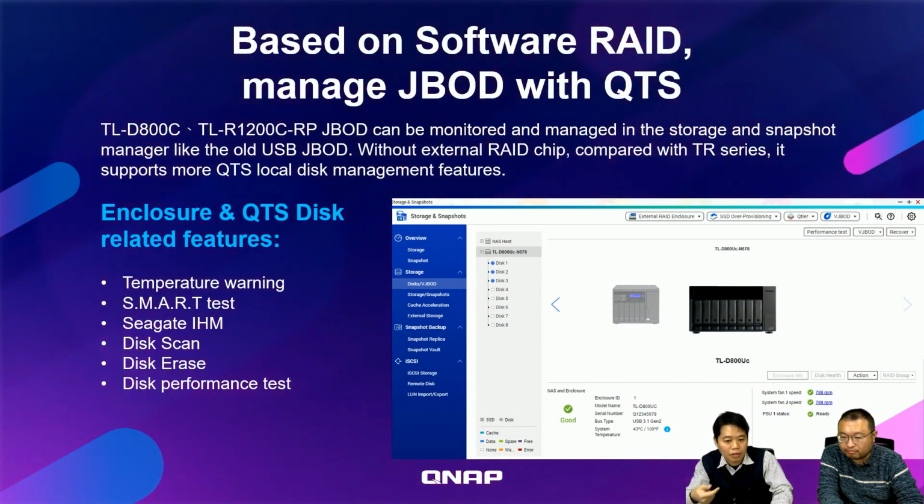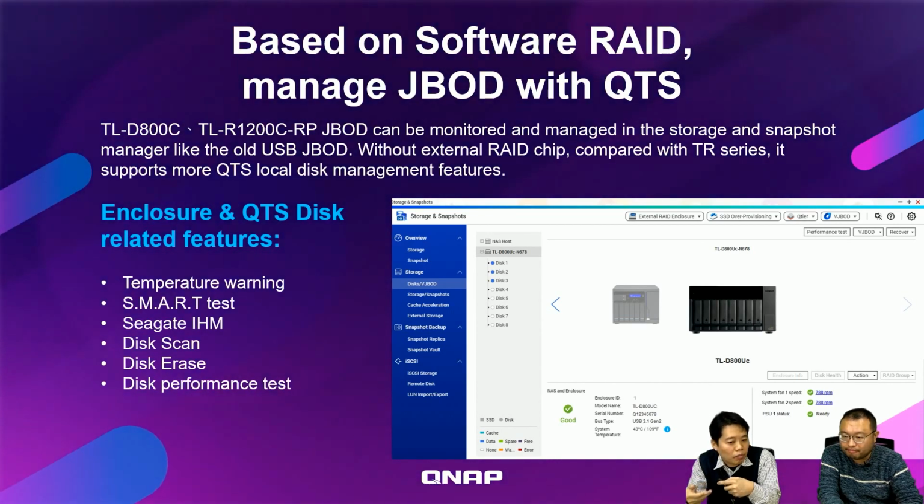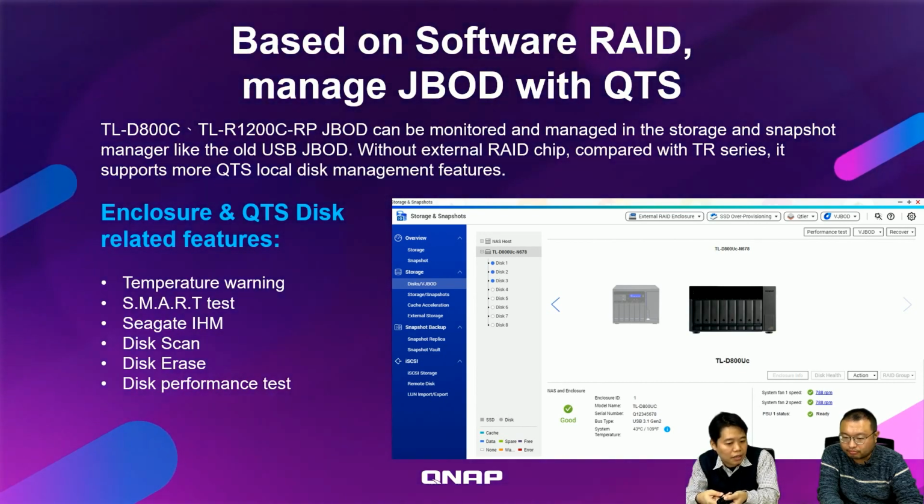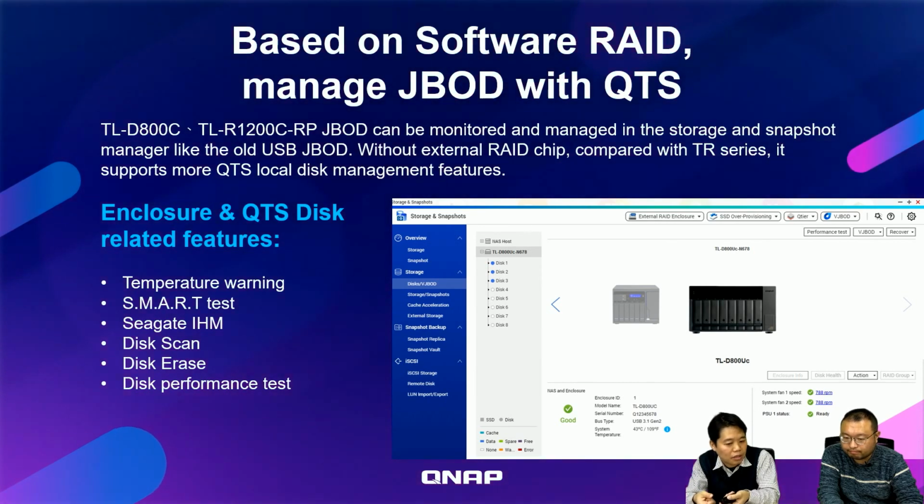Compared with TR, our original external device, it can support more QTS disk management features like the temperature warning, the SMART test, the SecureIron Wolf, HM, and the disk scan, and the disk erase, and the performance test.